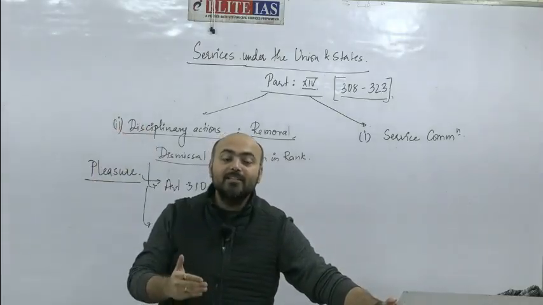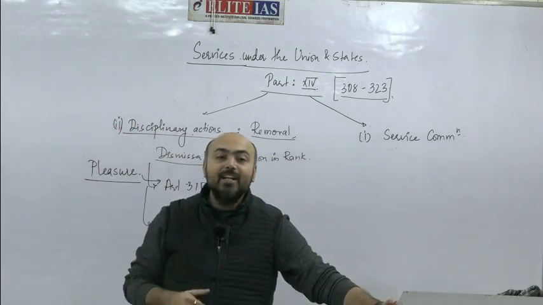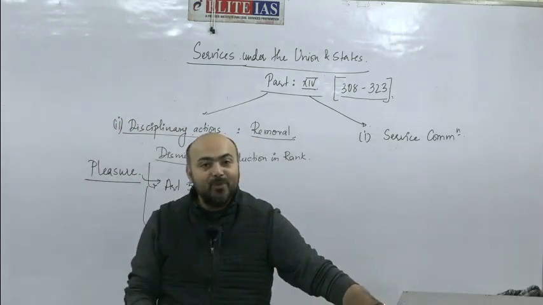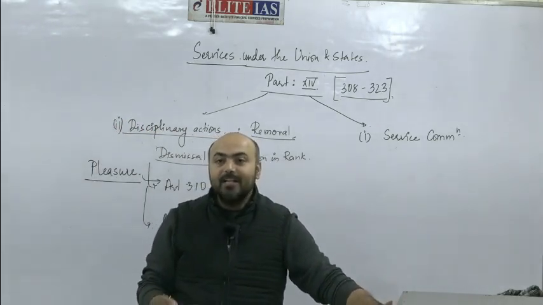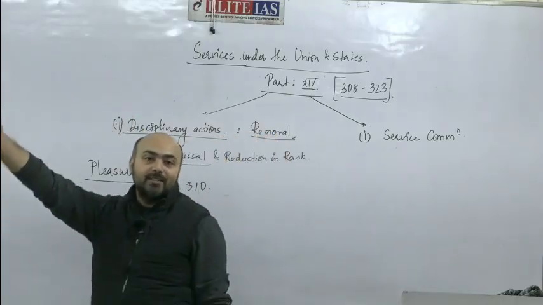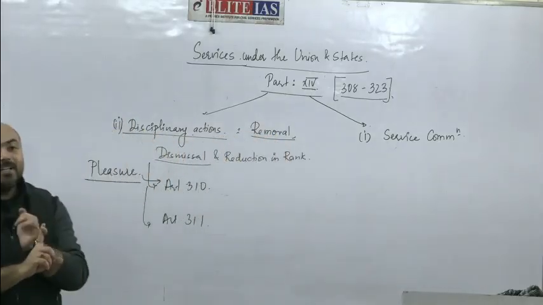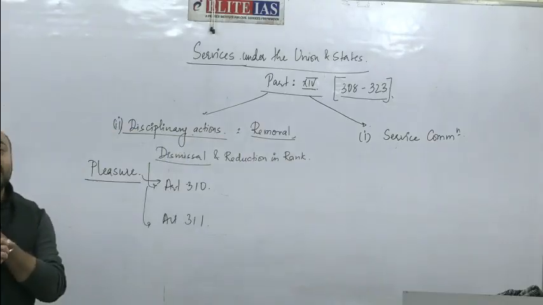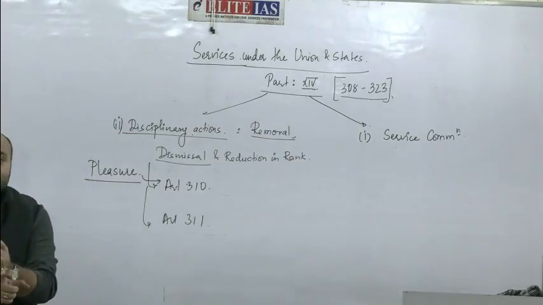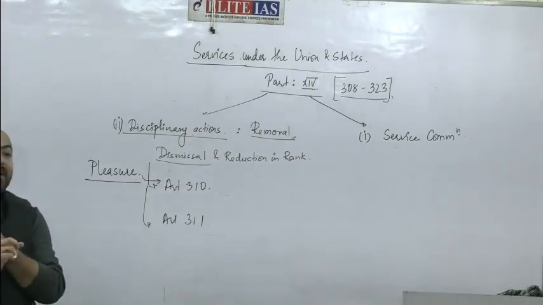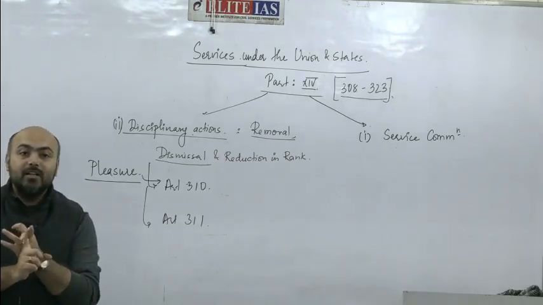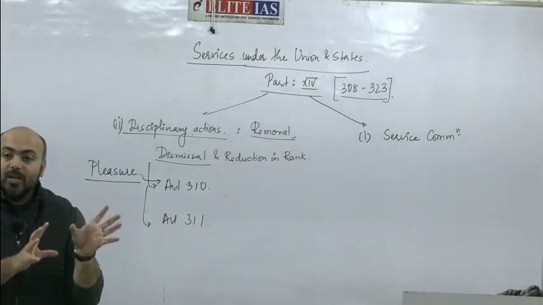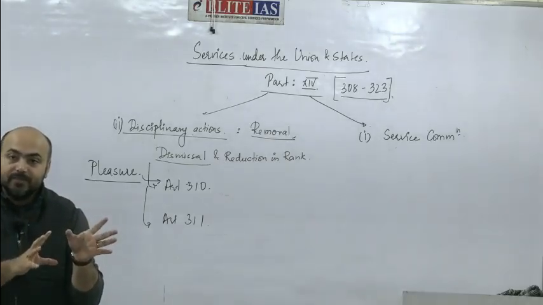In this case, the state government, the state executive, is subordinate to the appointing authority, that is, the president. So neither can the state executive remove you from service, nor dismiss you, nor reduce the rank of a member of All India service.